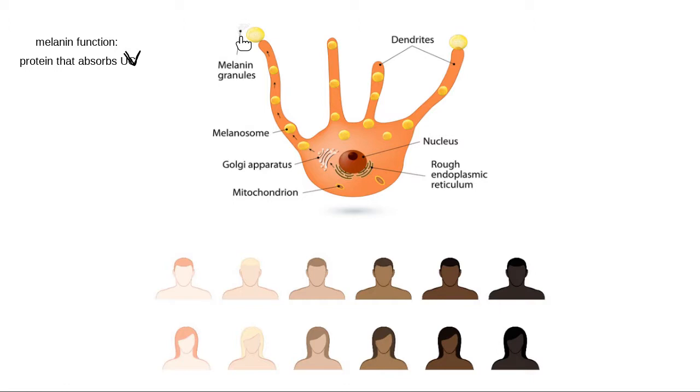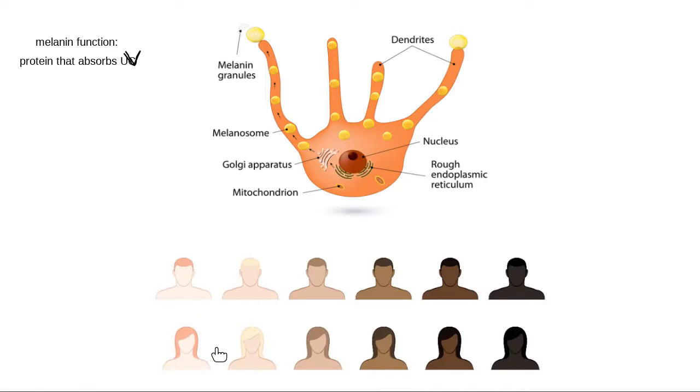Here's an important idea I want to make sure that you write down so you have this note. Everybody has the same number of melanocytes. I'm kind of down here on this end of the spectrum. Do we have any redheads? Not sure if we have any redheads in our class.